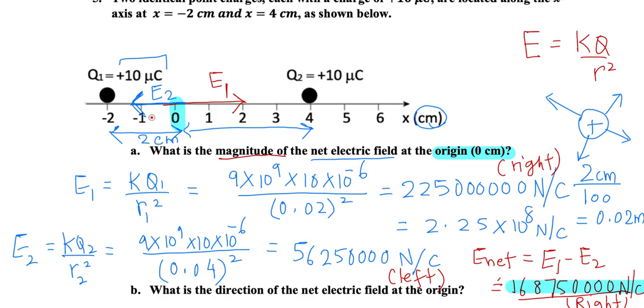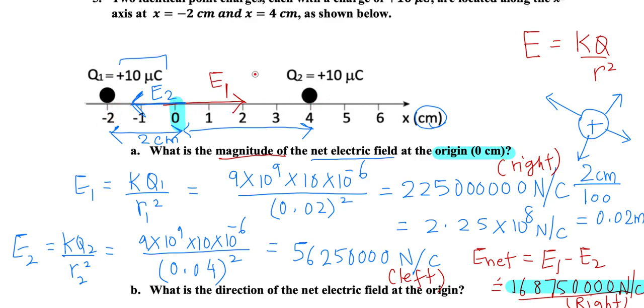Now, because in this problem both the charges are positive, the point should be somewhere in between, because in between the electric fields are going to be opposite to each other. If they have to cancel out and become 0, they have to be opposite to each other. So we know that the point should be somewhere in between the charges.